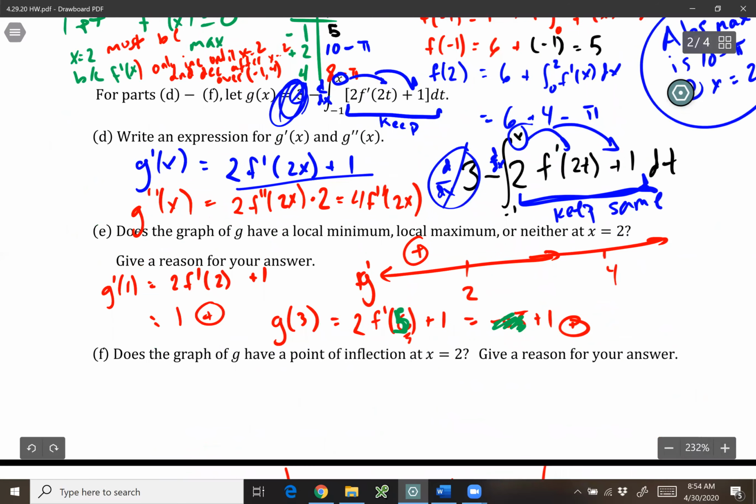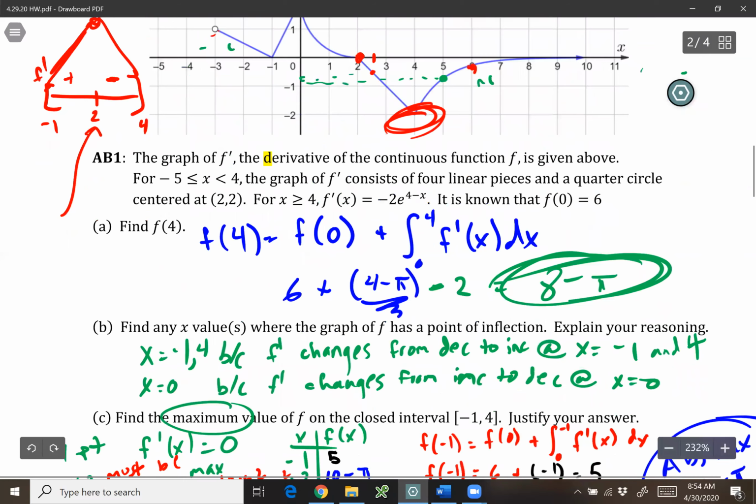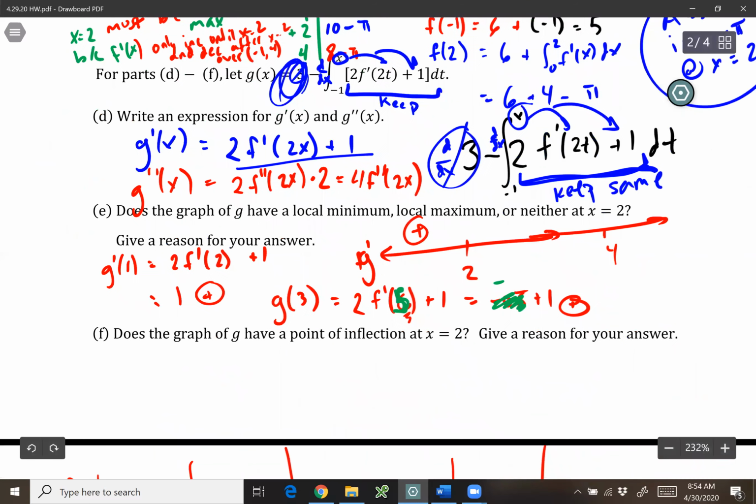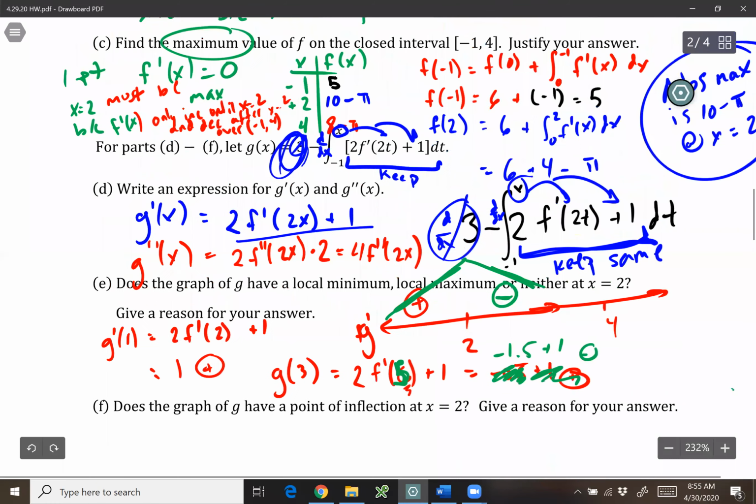And 2 times negative 0.75 would be negative 1.50. And negative 1.50 plus 1 is a negative. So it's weird to think about, but this actually increases and then decreases, and then it's going to increase again later. So directly after x equals 2, it's actually decreasing, and that's weird.